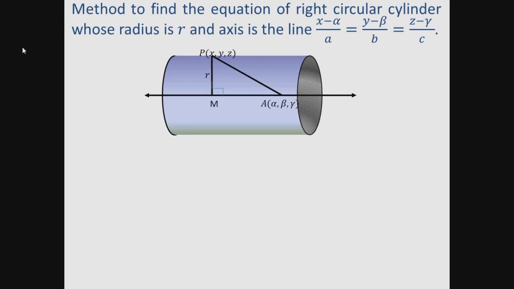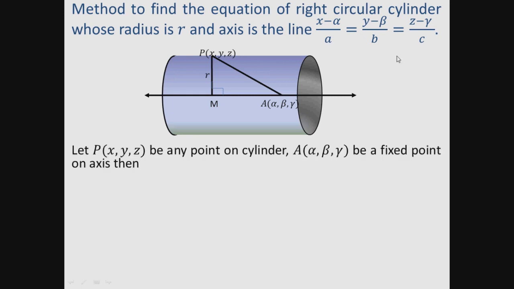If PM is a perpendicular drawn from point P on the axis, then PM will be the radius of that cylinder. Alpha, beta, gamma is the point A on the axis, and a, b, c are the DRs of the axis, or if l, m, n are given, then we take them as the DCs of the axis.